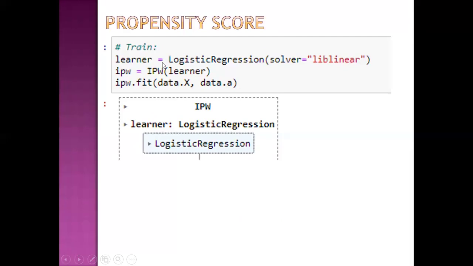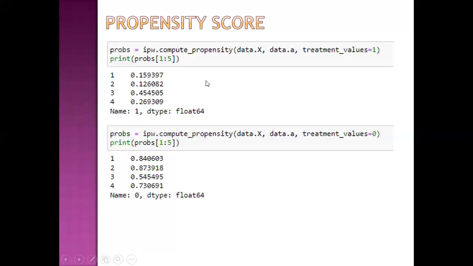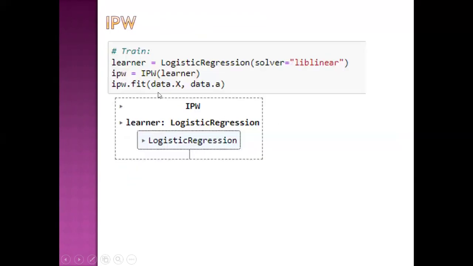So first method, propensity score. First of all, we frame our learner. So it has a logistic regression in background and we calculate IPW. And from IPW, we compute propensity scoring for those units which are treated and for those units which are not treated. Then the IPW method.